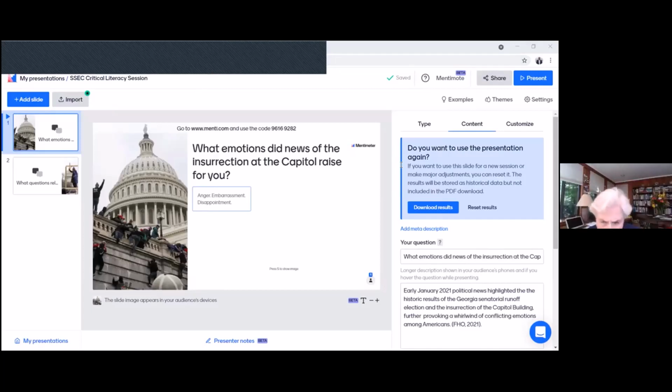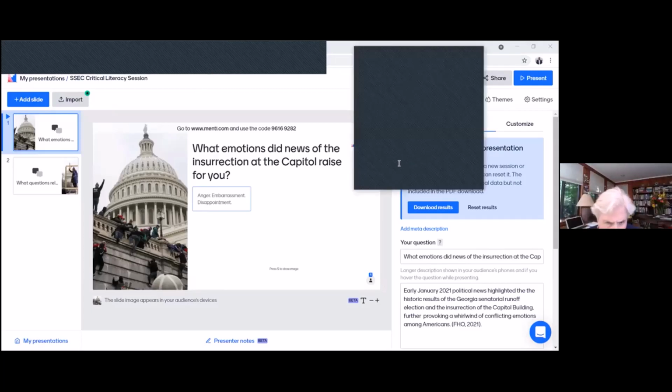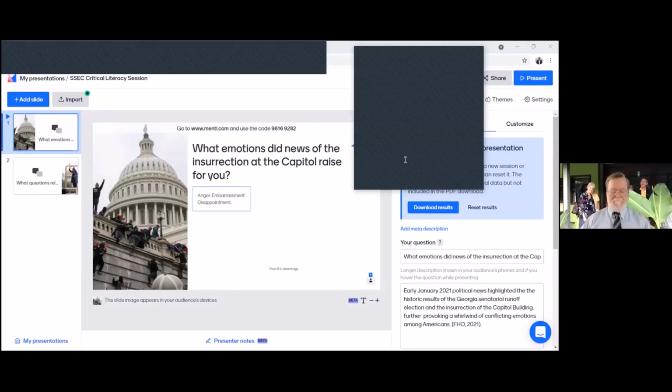It's spelled M-E-N-T-I, not like a mentee. Menti.com, and it should prompt you to put in a code. I'll embed the code in the chat box as well.